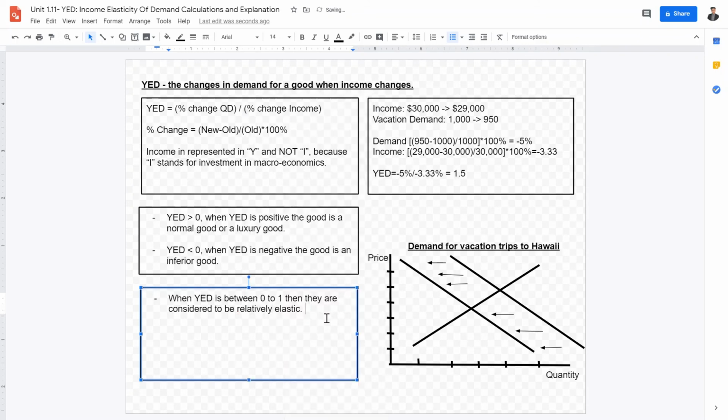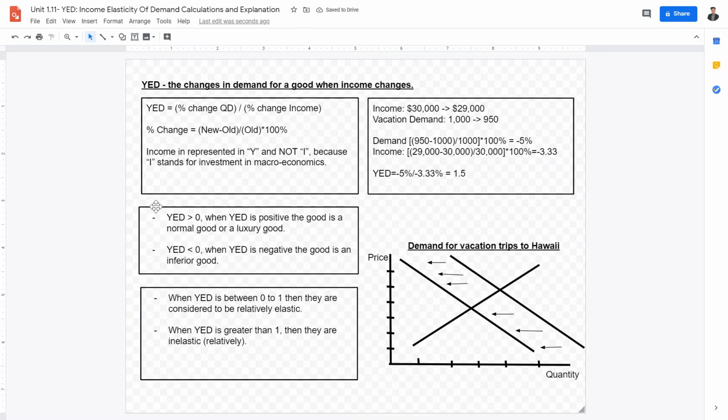Relatively elastic means that the changes in the income of consumers are relatively effective on the changes in the demand for the good. However, when YED is greater than 1, then they are inelastic, or at least relatively inelastic. So I hope this makes sense, the interpretation of YED figures, okay.